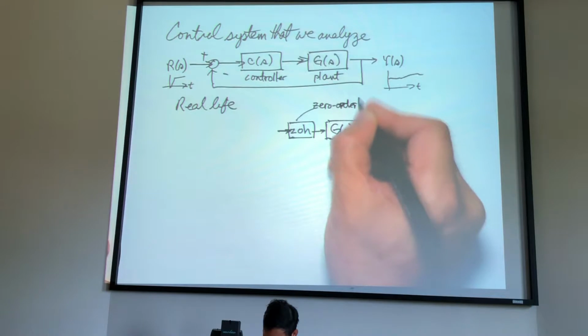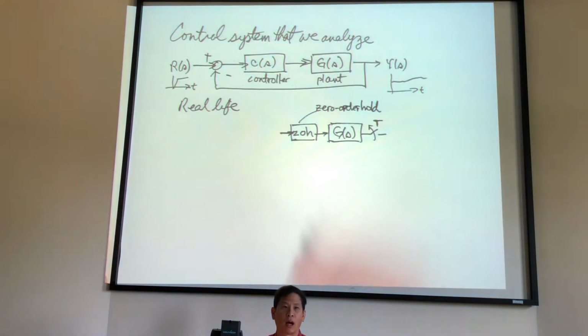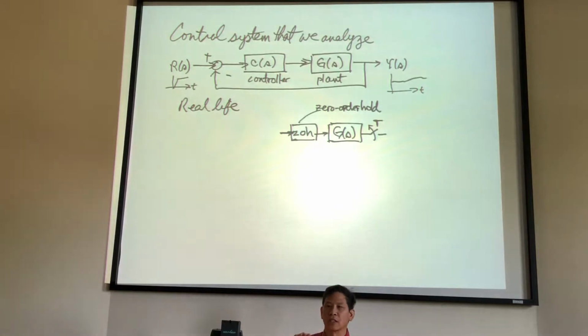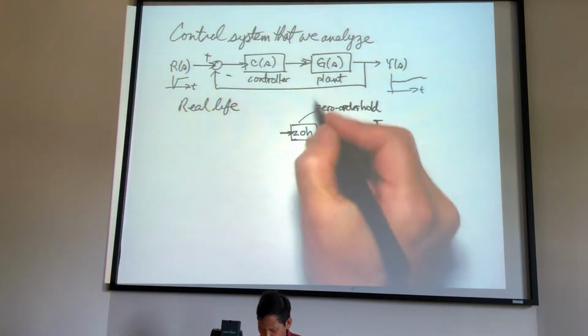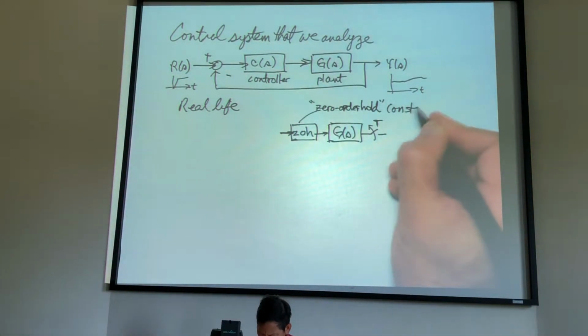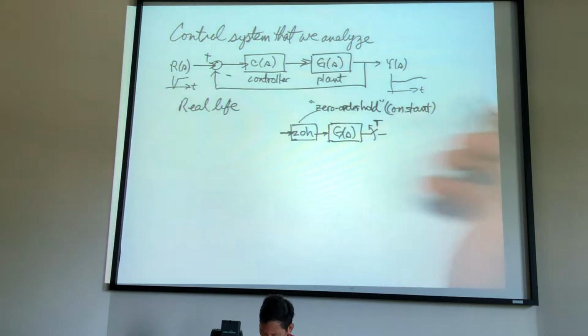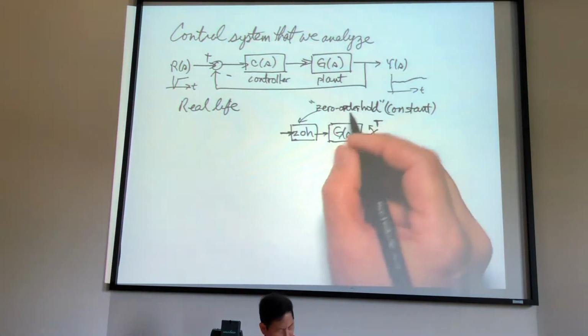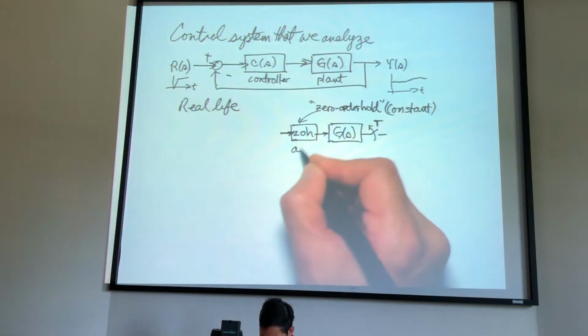We're holding the data for a period, and we describe that constant as a zero order polynomial. A zero order polynomial is a constant. That's why we call it a zero order hold. Things are constant for a period of time. This is a mathematical model of an A to D converter.